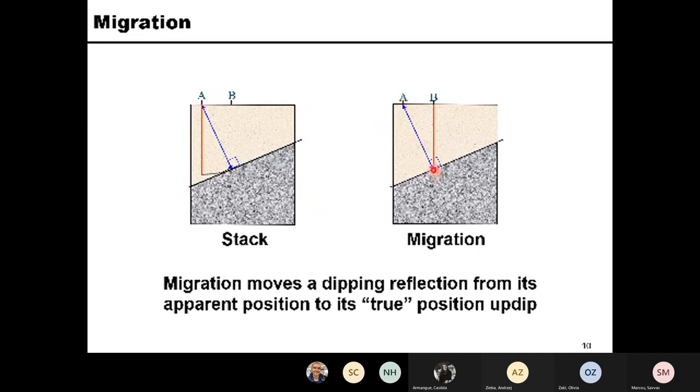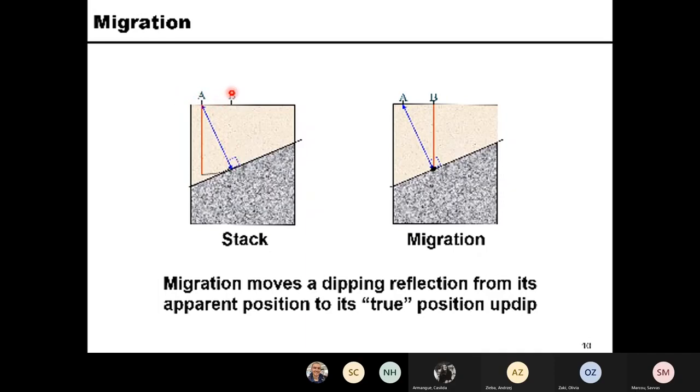The true position of a migrated point is horizontally at CMP B. Vertically also shifted up a little bit, right? So always upward, shifting along the dipping events. You can see from here, move upwards, right? So the new position is from A to B now.